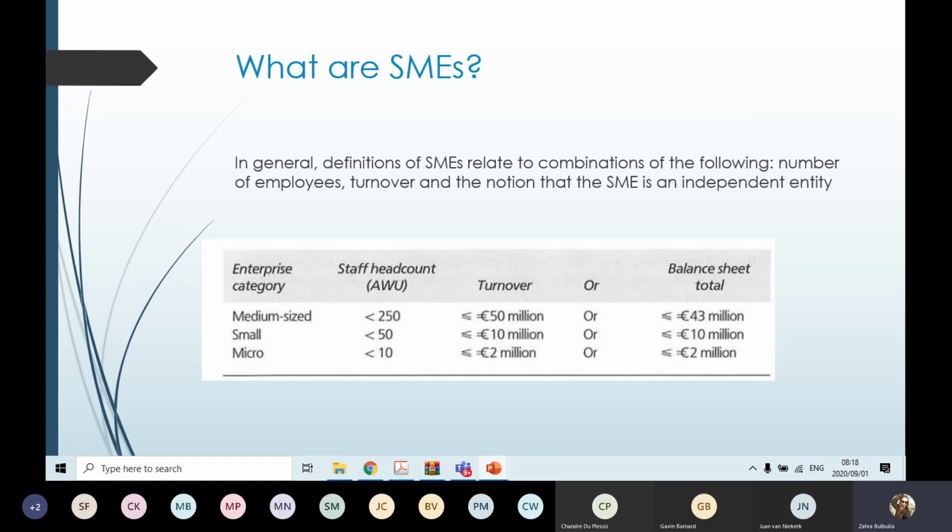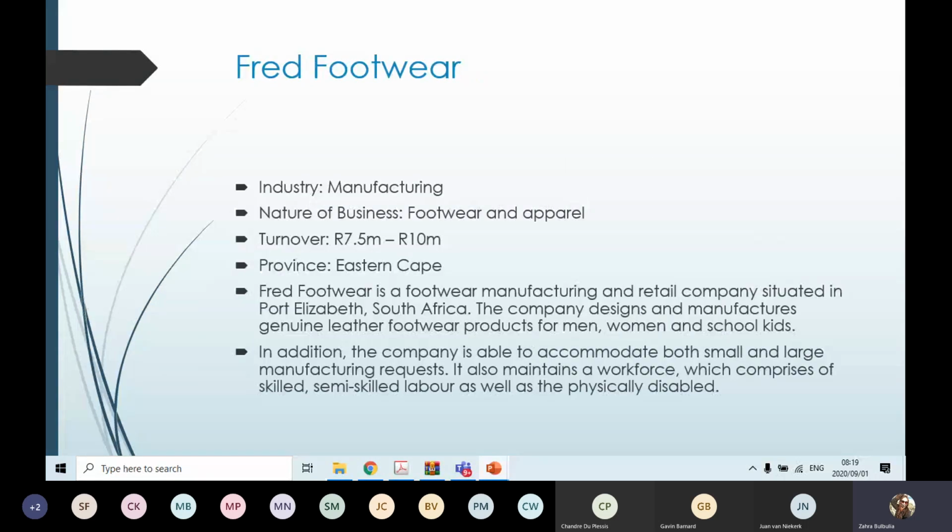So we are going to look at a South African small medium enterprise, and we are going to look at several factors that make small medium enterprises distinctive. I'm taking the example of Fred Footwear, which is a South African small medium enterprise, and basically they deal with manufacturing. Their nature of business is footwear and apparel.